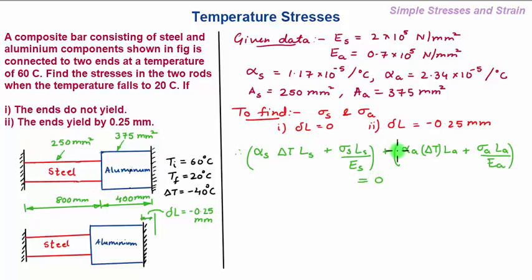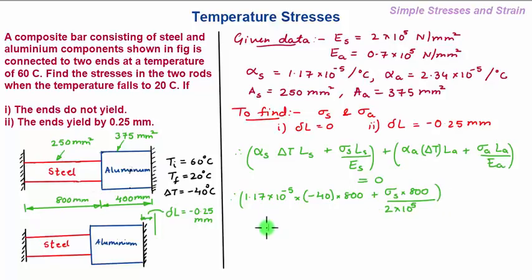Now we see we have all the positive terms, but after solving it we'll get alpha S is 1.17 into 10 to the power minus 5. Upon substituting the values we get 1.17 into 10 to the power minus 5 into delta T is minus 40 into Ls is 800 mm plus sigma S, what we have to find out, into Ls 800 mm upon Es is 2 into 10 to the power 5 Newton per mm square.